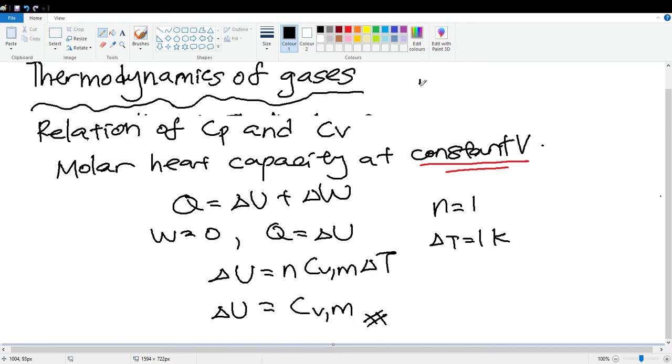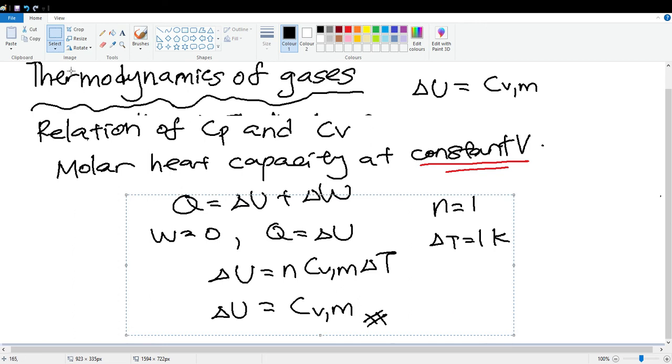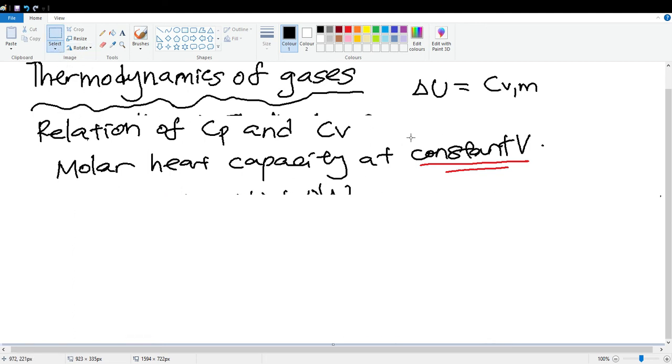Let me just write here. Alright, we have done this part of molar heat capacity at constant volume.